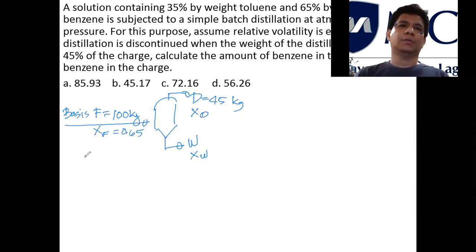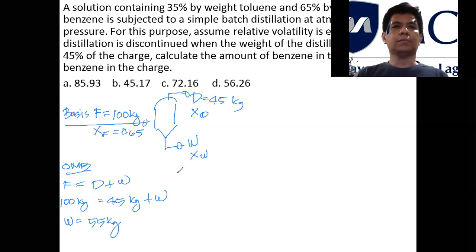Okay? So we're going to solve this problem first by performing an overall mass balance. In distillation, generally, the overall mass balance is F equals D plus W. So F is 100 kilogram, and then D is 45 kilogram, and then W is equal to 55 kilogram. Okay? And then we're going to perform a benzene balance.